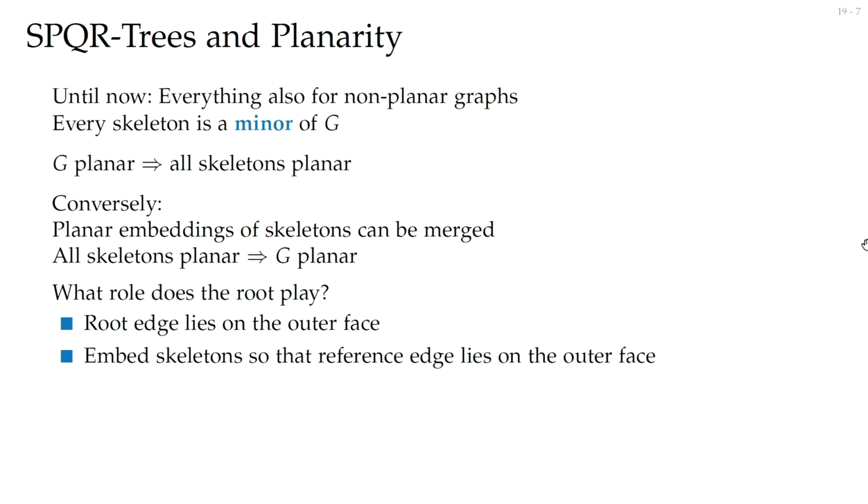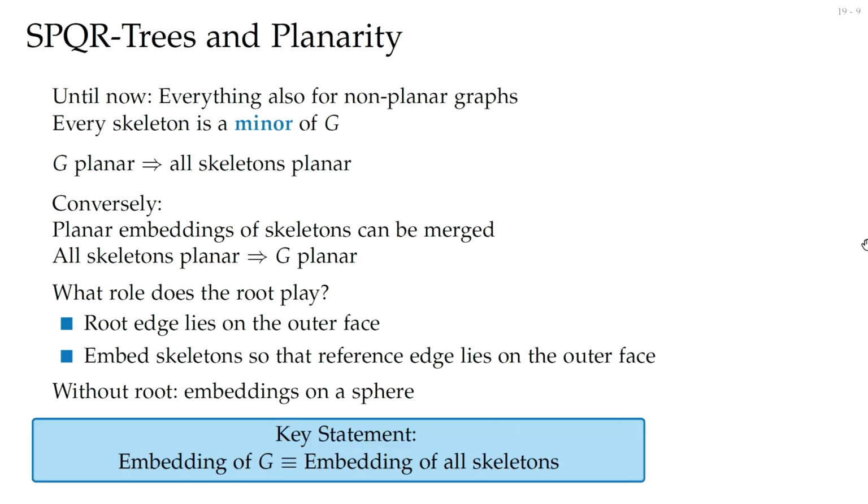So all the reference edges always have to lie on the outer face if we create embeddings. Otherwise, we just have an embedding on a sphere. Then we can also do the non-rooted version, but I like the rooted version much more. And the key statement is every embedding of G corresponds to embeddings of all the skeletons.